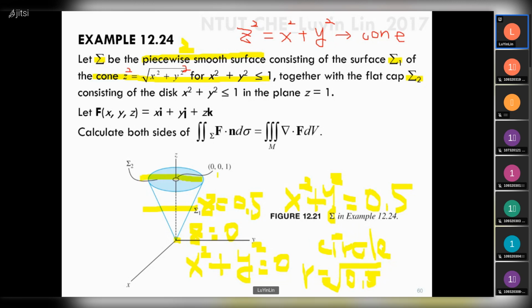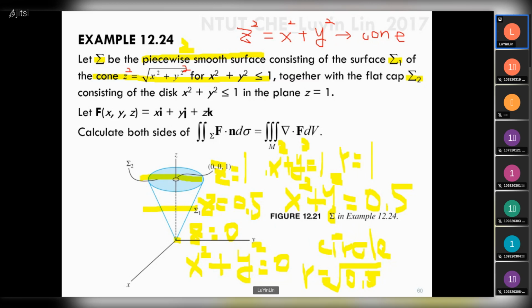So here, z is equal to 1. You can find x squared plus y squared is equal to 1, right? And the radius is 1. So the circle is larger and larger. The circle becomes larger and larger when z becomes larger.